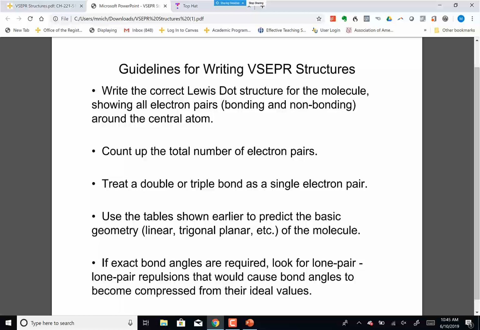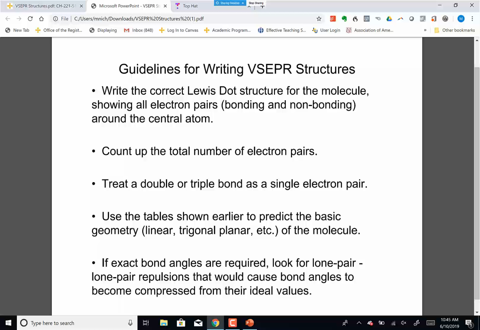Then we use the tables, which we'll develop here, and that's going to predict the geometry. We're not going to be too concerned about exact bond angles, but this is where the bond angle in water is 105 degrees instead of 109.5 because of the squishing that happens because of the lone pairs.